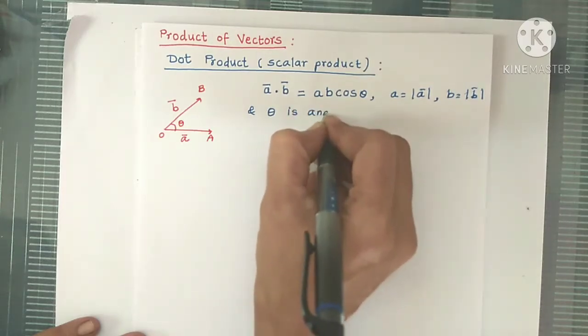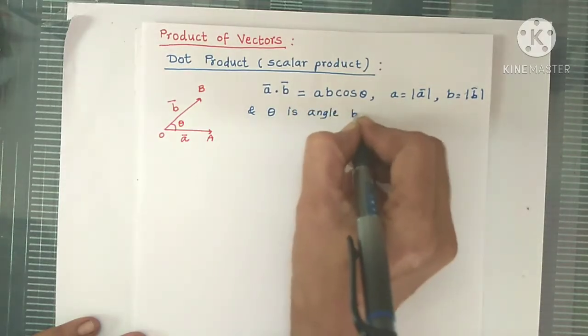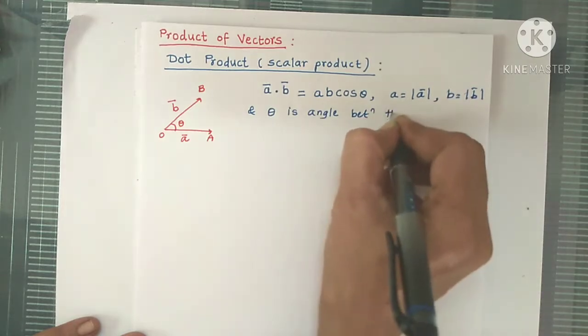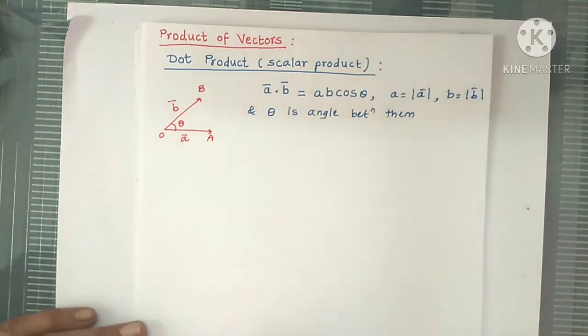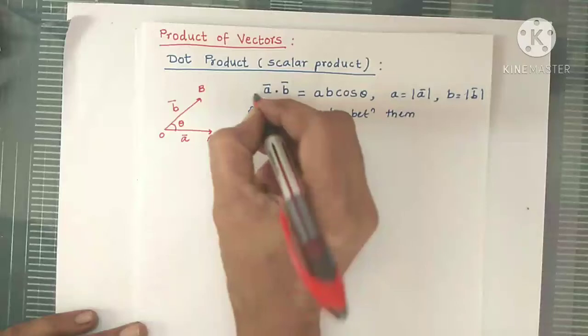So this is the definition of a dot product: a bar dot b bar is ab cos theta.